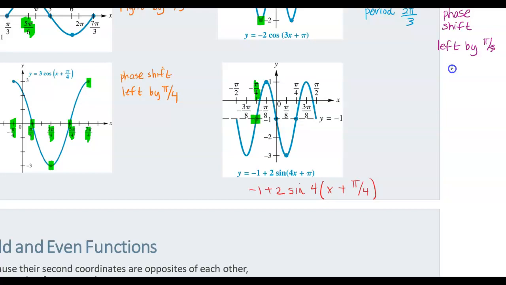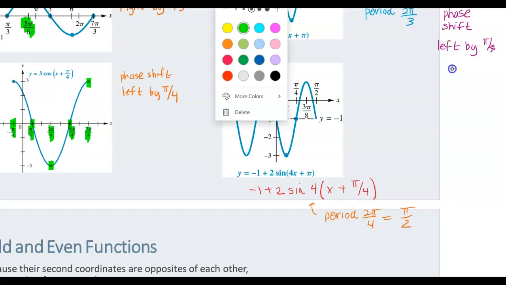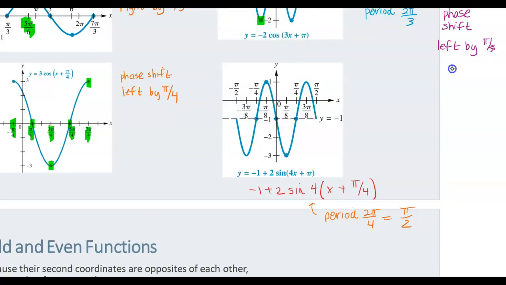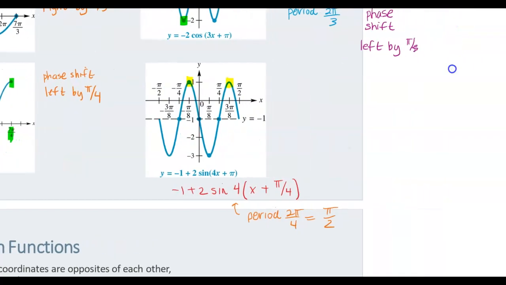And then for the period, we take this number, 2 pi over 4, so the period is going to be pi over 2. If I compare 2 maximum points together, going from this maximum point to this maximum point, the distance there should be pi over 2.